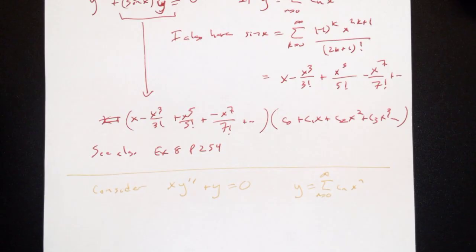So that's y. And 1 over x means that my singular point is 0. But that means that the center of my power series is a singular point. I can't do this.